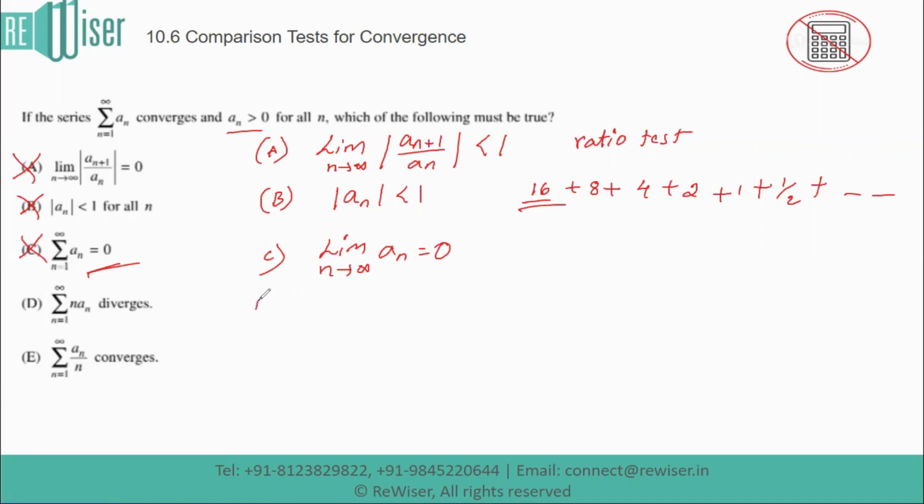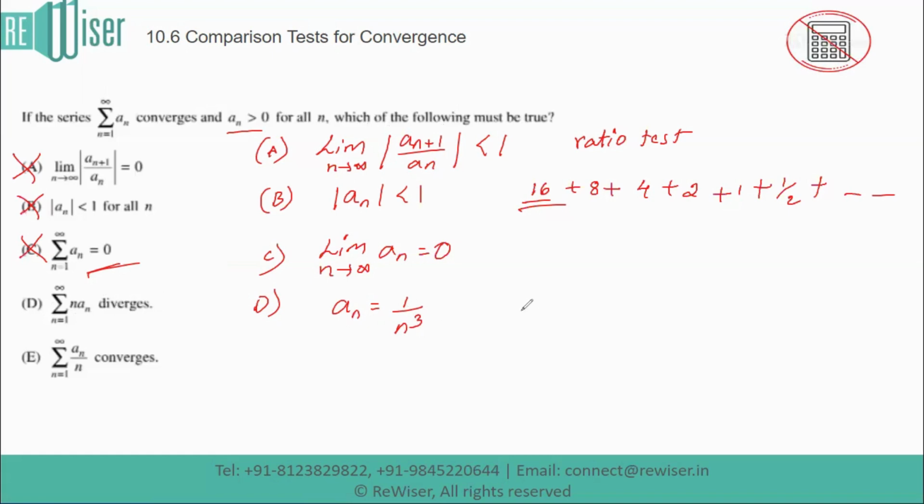Then if I talk about option D, that n times a_n diverges. So let's see. Suppose I take a_n as 1 over n cubed, or 1 over n, or 1 over n to the power 4, or something. Whenever they ask which one must be true, it must be true in every case. So even if you get one contradictory example, the entire statement will be false.